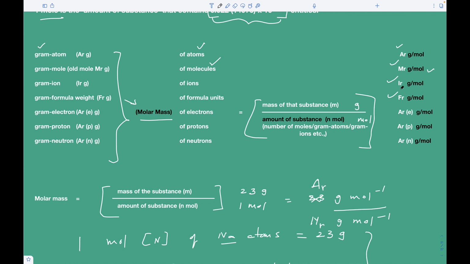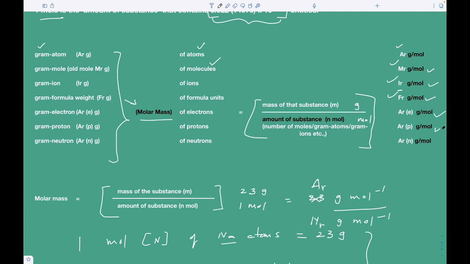For an ionic substance, molar mass is equal to its formula weight or relative formula mass in gram per mole. And for an ion, molar mass is equal to its ionic weight or relative ionic mass in gram per mole, and so on.